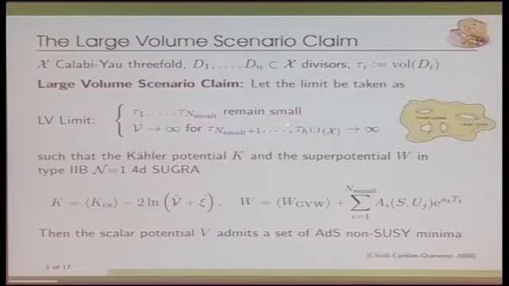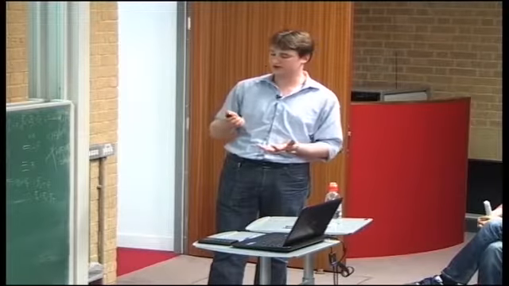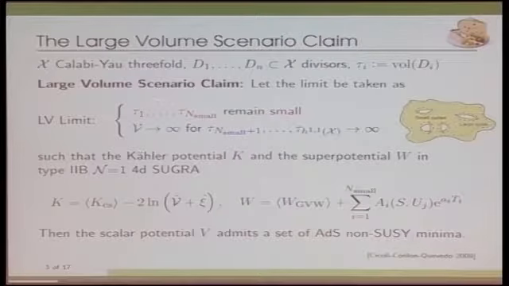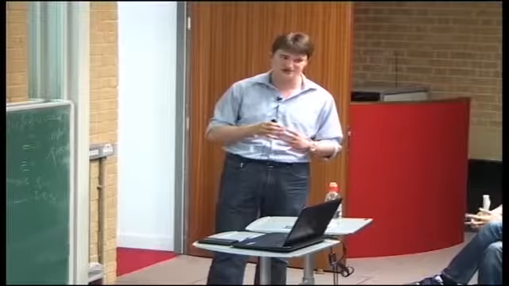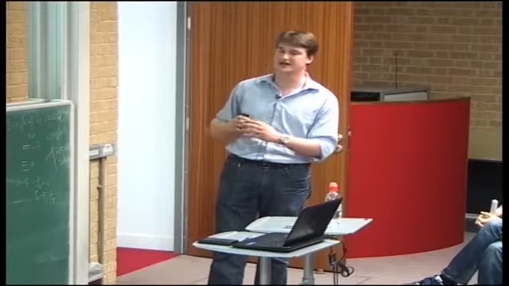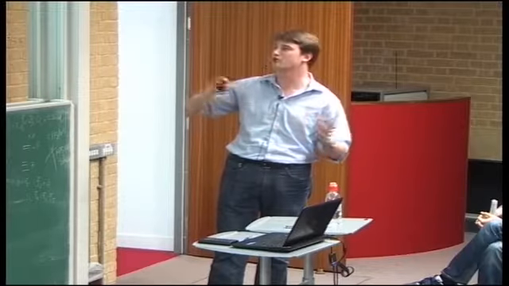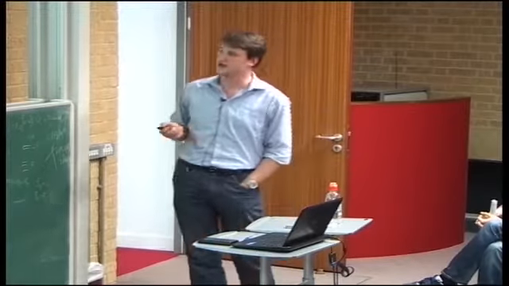And the large volume scenario claim is then essentially that the large volume limit is defined so that you take a number of the four cycles to go large, so that the overall volume goes large, while a number of the four-cycle divisors remain small. So the idea is you have a couple of smaller holes in your manifold and large cycles which more or less determine the overall volume.